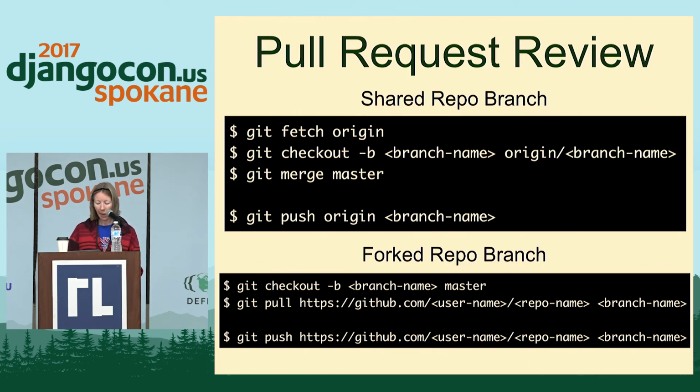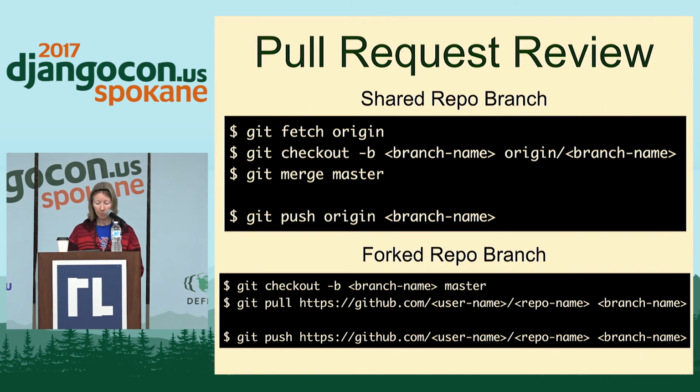We can merge master into that feature branch to make sure it's up to date in case there were any changes made since the pull request was made. And then similarly to before, when we had a branch and we made a change and we added and committed the changes to version control, if you do that to this pull request branch, you can push the additional commits to the branch on GitHub.